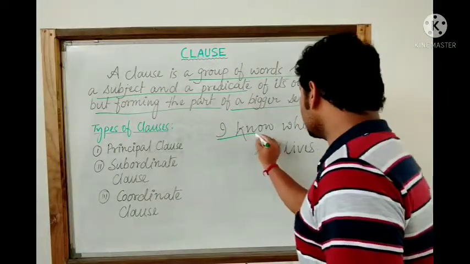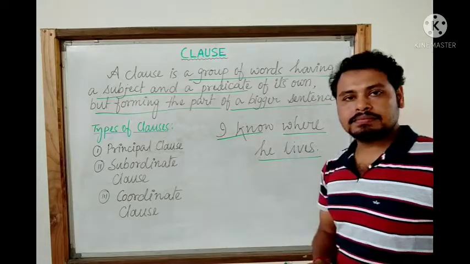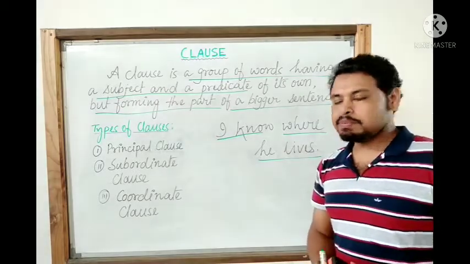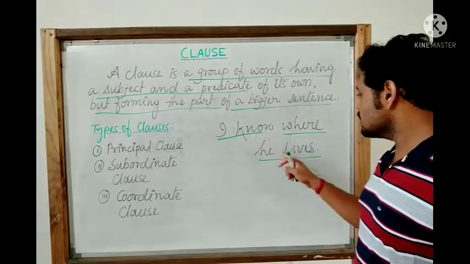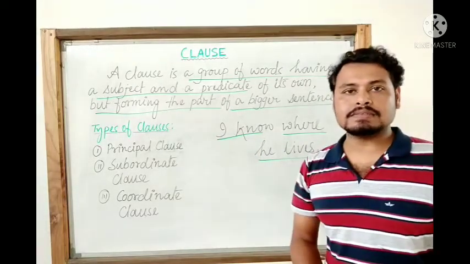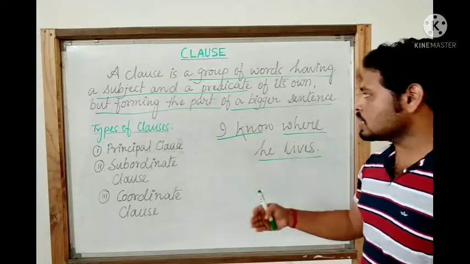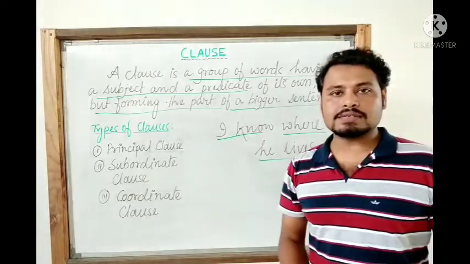One is "I know", another one is "where he lives". So that means these two parts are forming the bigger sentence. That means these two parts are actually the part of the bigger sentence.